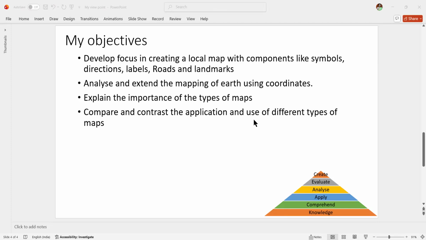For example, in my locality, I have a hospital. Now, in all localities, there will be a hospital. How exactly should that be represented in the map? Using individual symbols, or can we use this common symbol? So there are certain common symbols that are given. So now understanding the common symbol is very important.